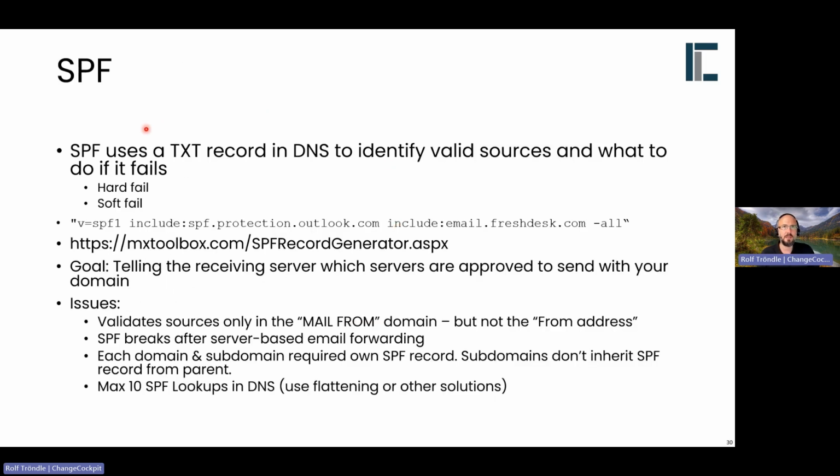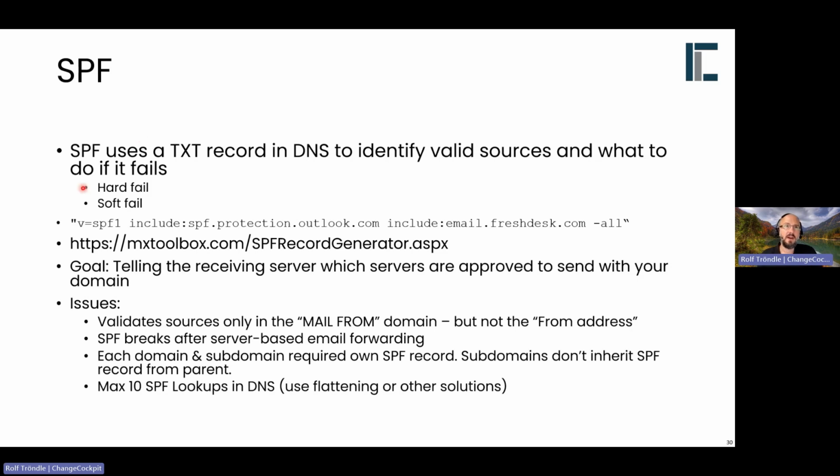So first of all, SPF. SPF uses a TXT record in DNS, another TXT record, to specify the valid sources, all the sending systems who are allowed to send email with your domain as sender. So let's say you have contoso.com.